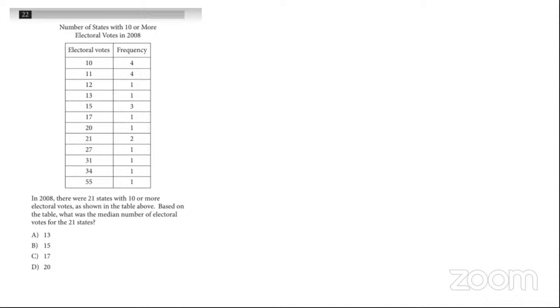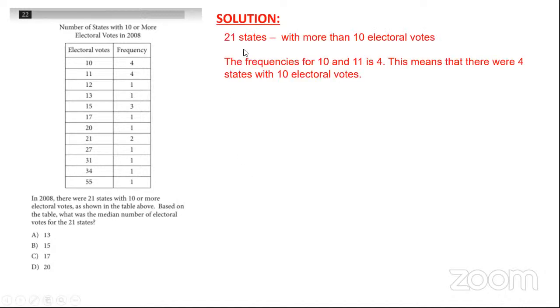In 2008, there were 29 states with 10 or more electoral votes. It's shown in that table. Now, based on this table, we have to find the median number of electoral votes for the 21 states. Is the question clear? So basically, we are given 21 states with more than 10 electoral votes.